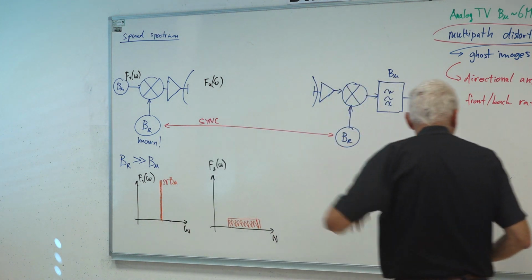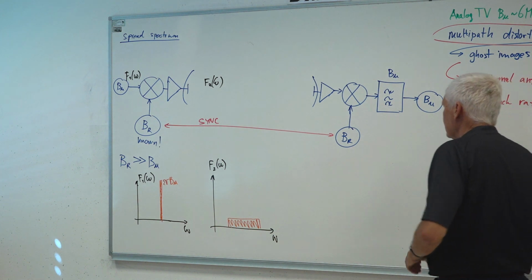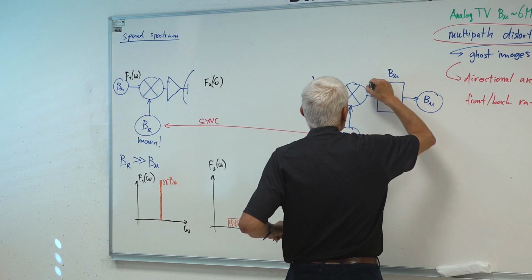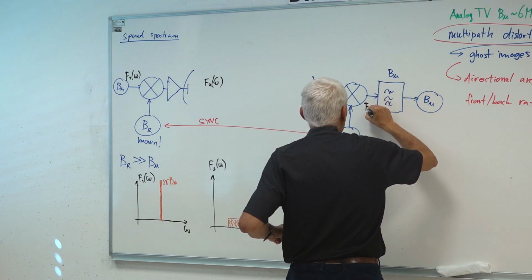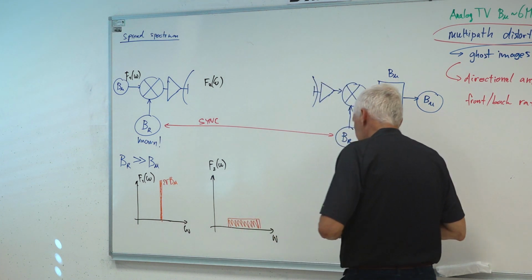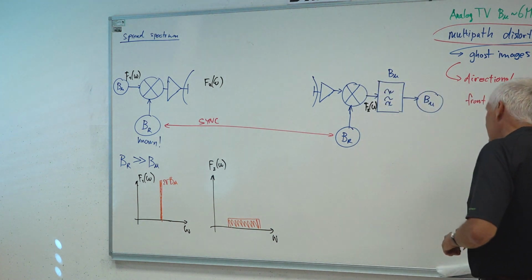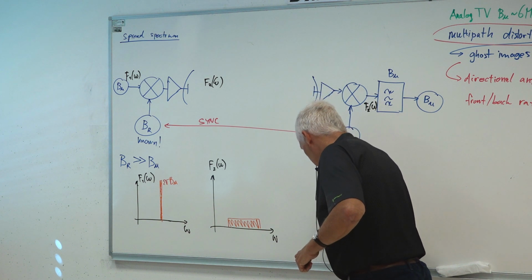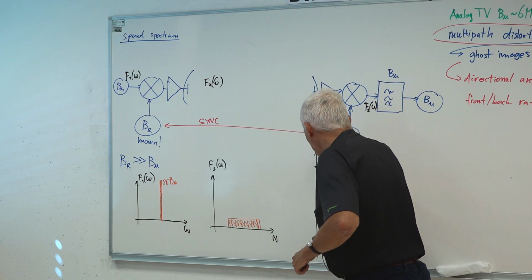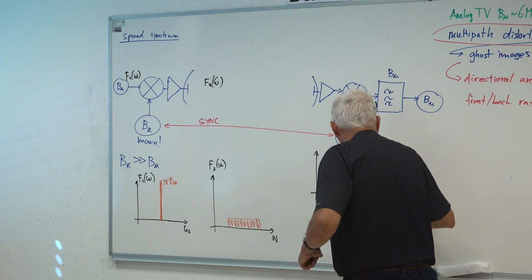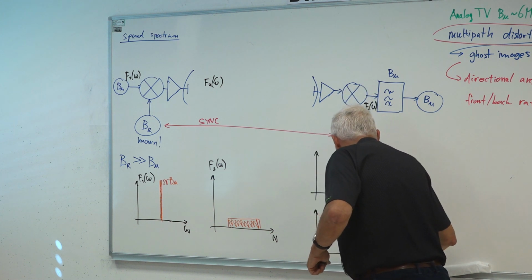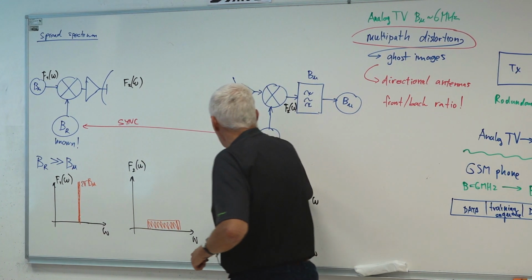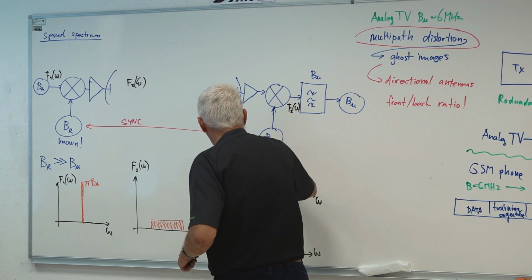But now the issue is what I get here in the receiver. After the despreading I get f3 of omega. Now I may get two different things. I will plot both of them here. F3 of omega.